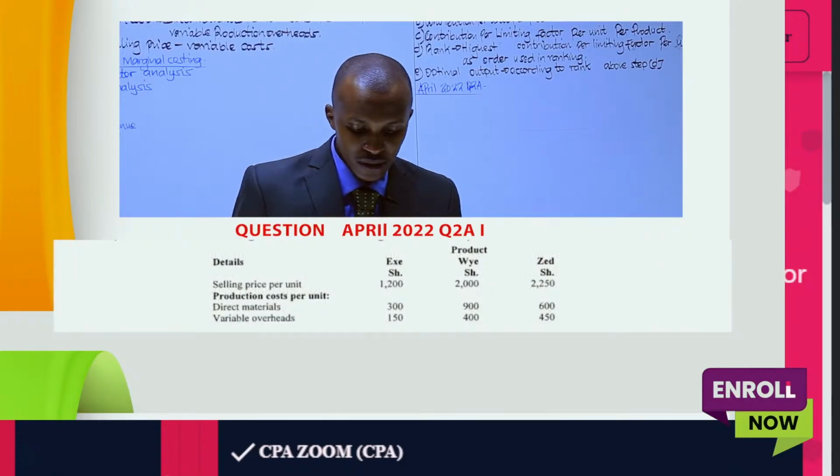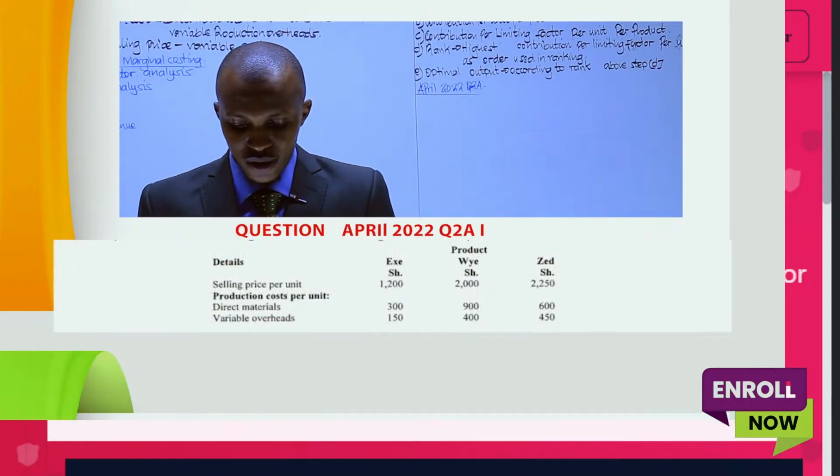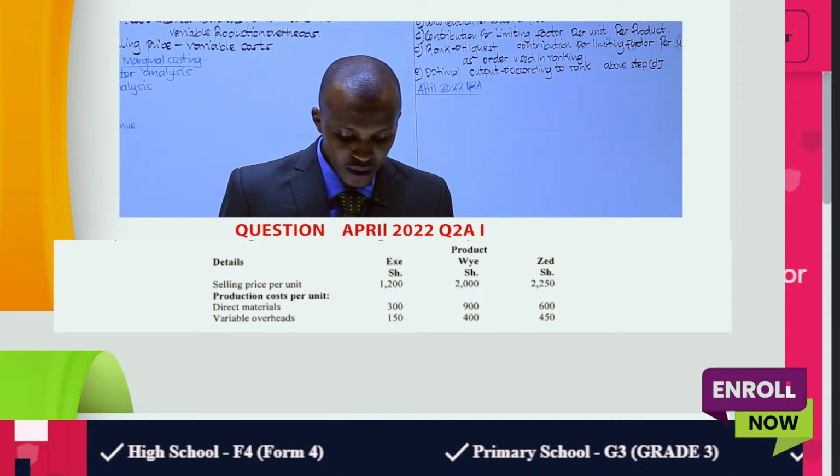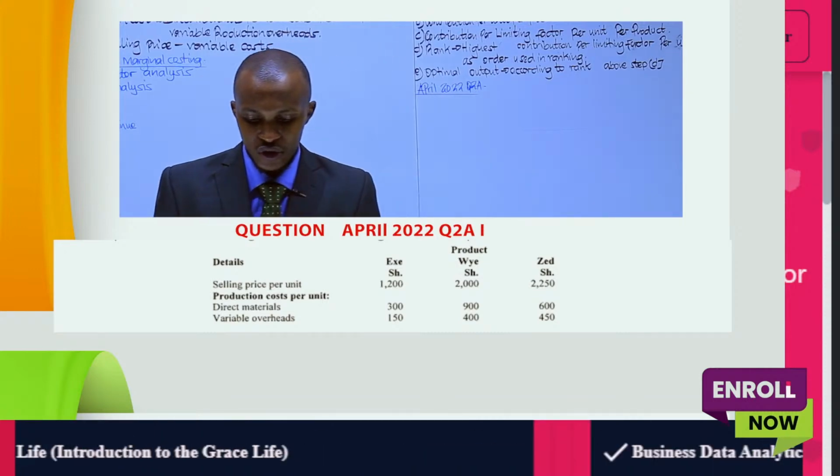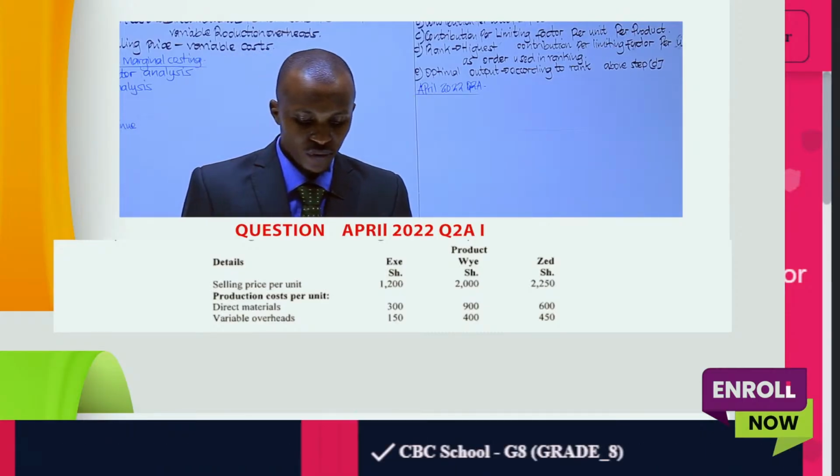The management accountant has provided the following information relating to the 3 products. The selling price per unit of X is 1,200, of Y is 2,000, of Z is 2,250.